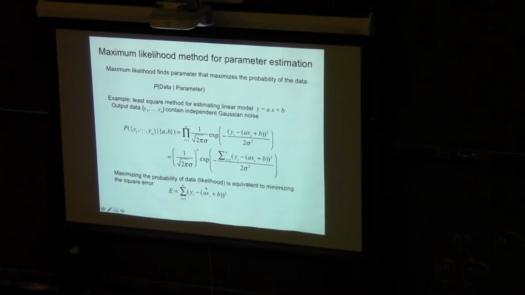So this is the same as minimizing this. Gauss is also the person who proposed the Gaussian, and he's the one who first pointed out the relationship between the least square method and the Gaussian. This idea.